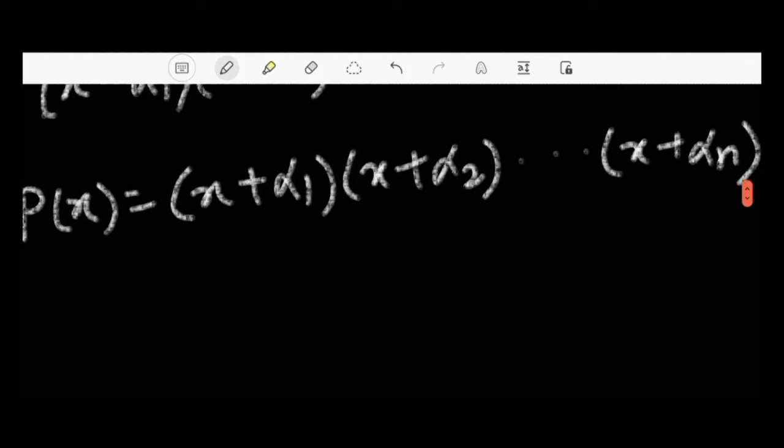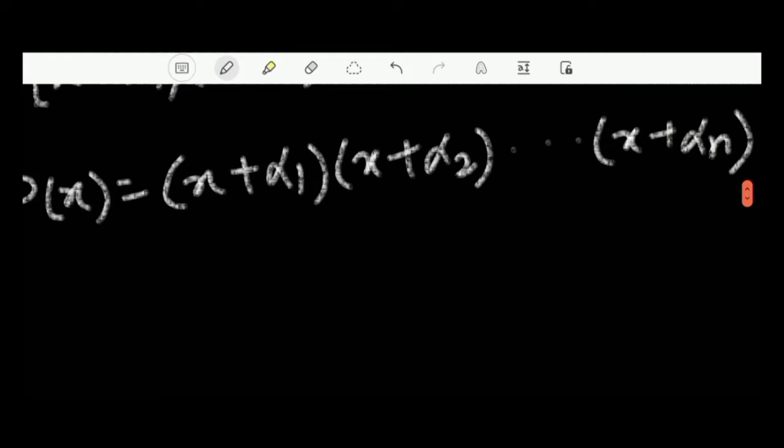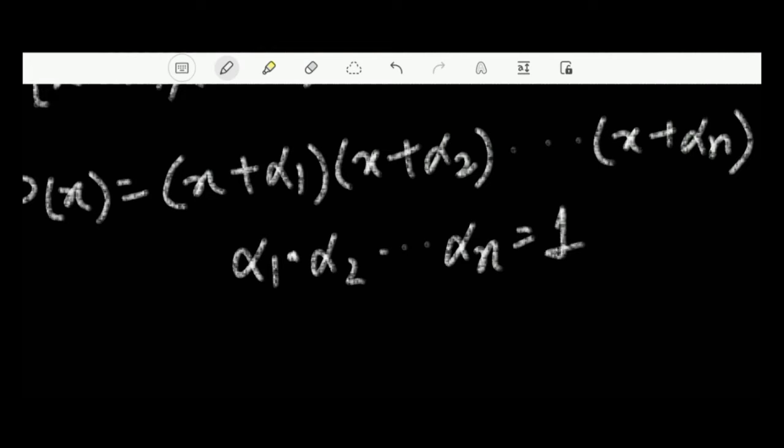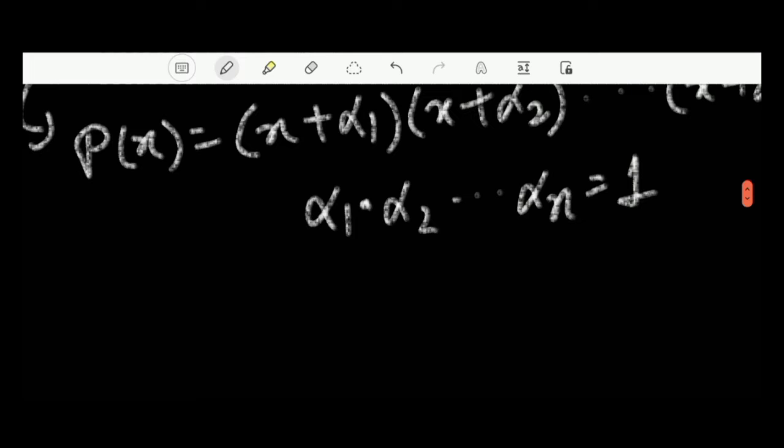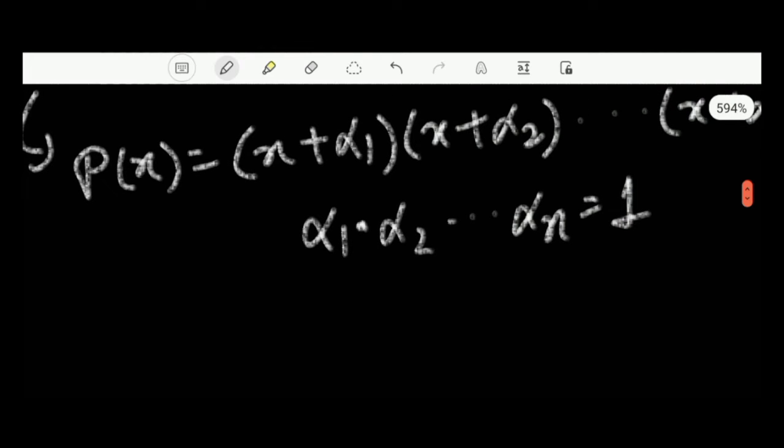And now we are given that alpha 1 multiplied by alpha 2 up to alpha n is equal to our constant, which is 1. So we are going to use this information to obtain our result.